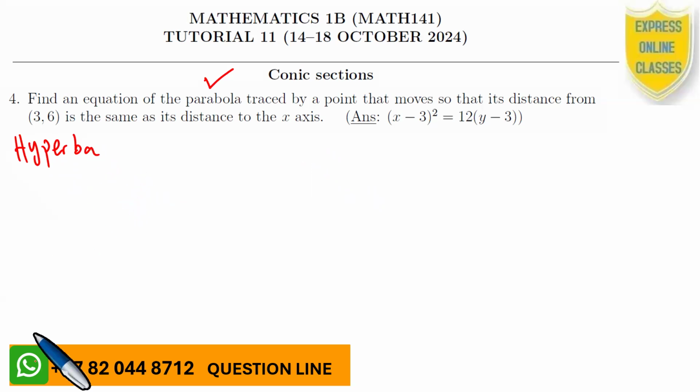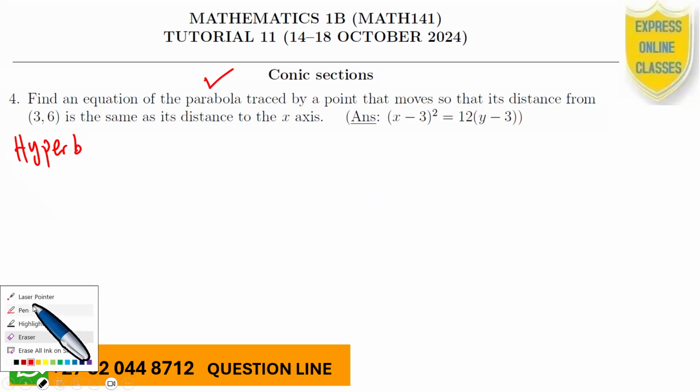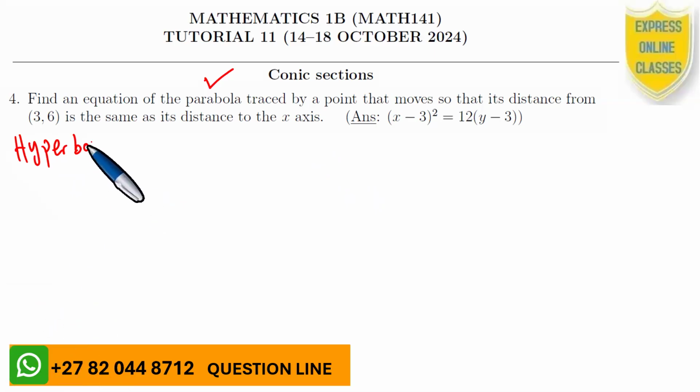For the hyperbola, there are 2 equations. Here we're not studying the rotated conics, because conics can be rotated in the plane, but that is normally done with linear algebra, using matrices and angles of rotation.